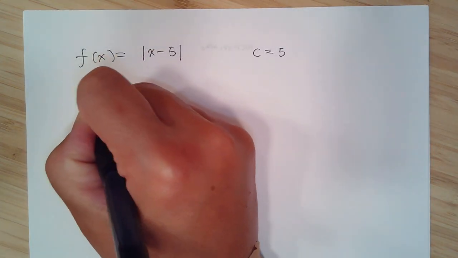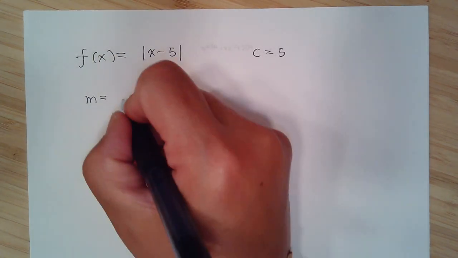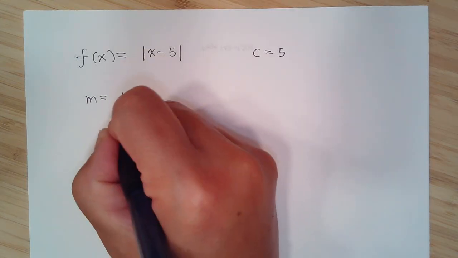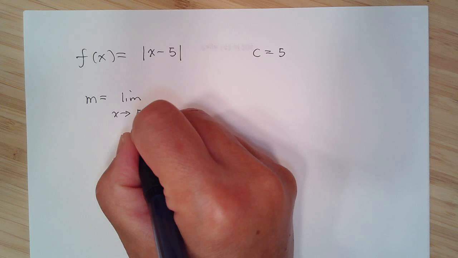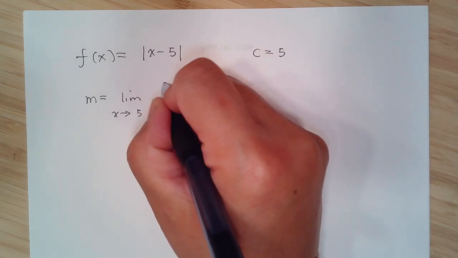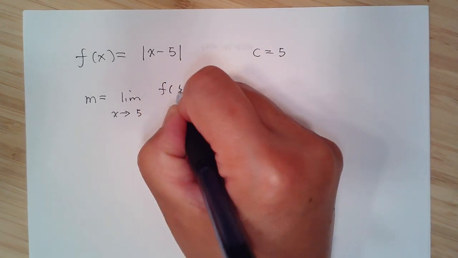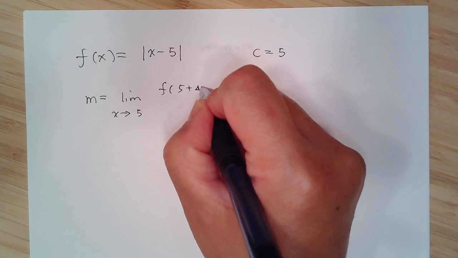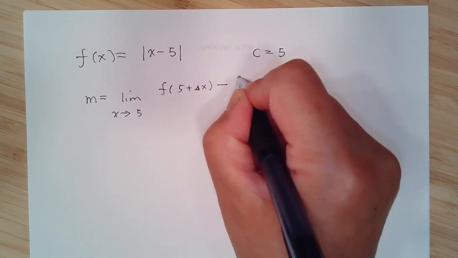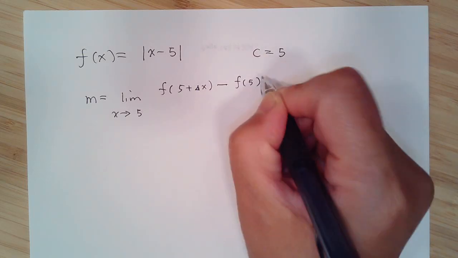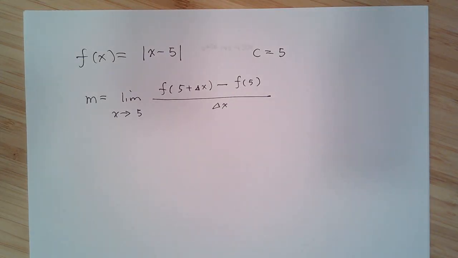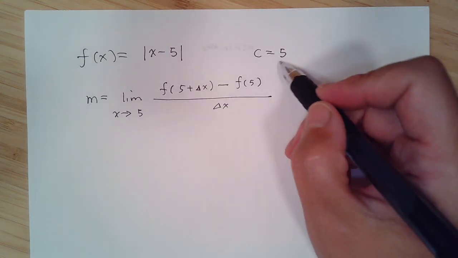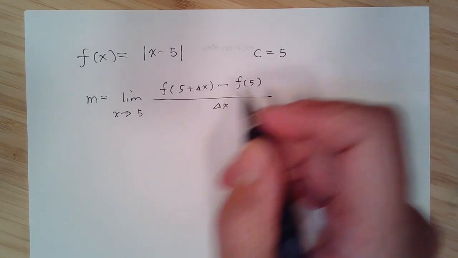That m equals the limit as x approaches c, which is 5, of f of 5 plus delta x minus f of 5 over delta x, right? That was the earlier definition at a given point, x equals 5, or c.